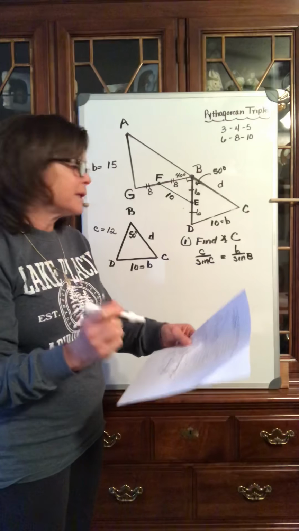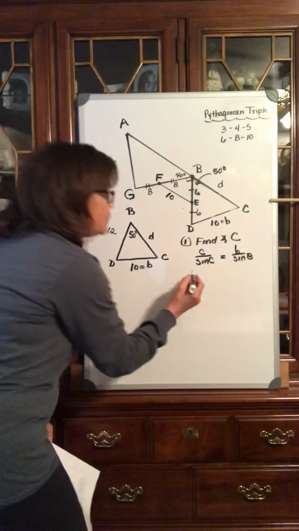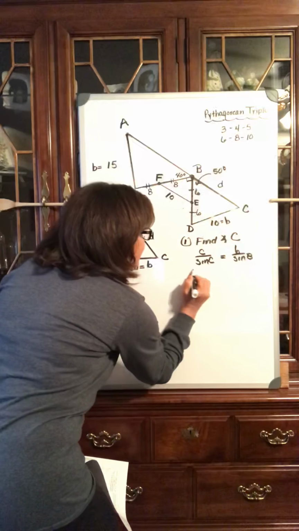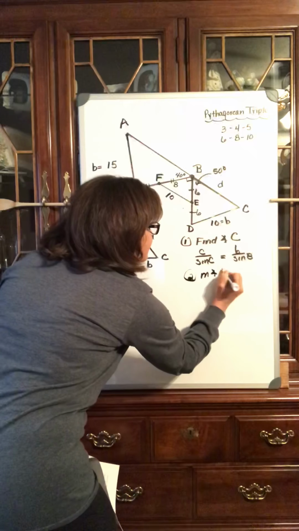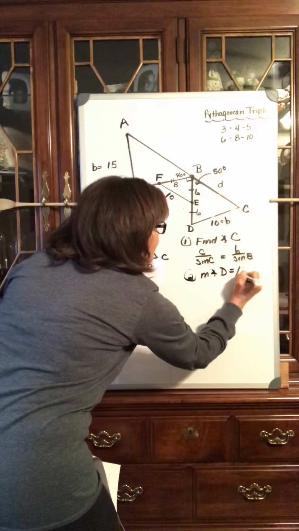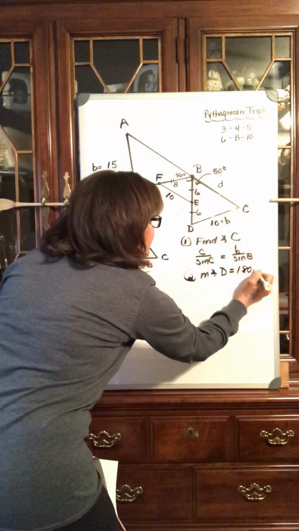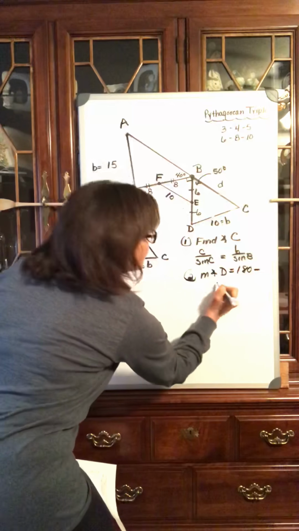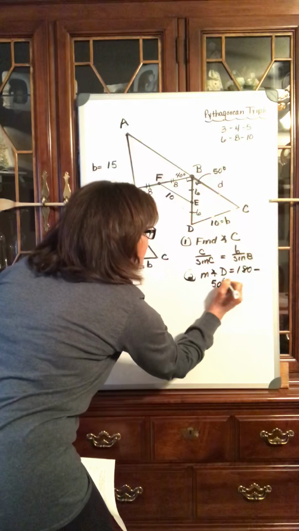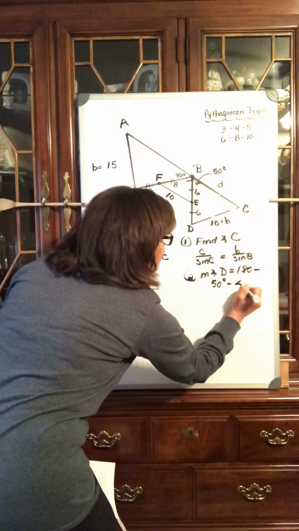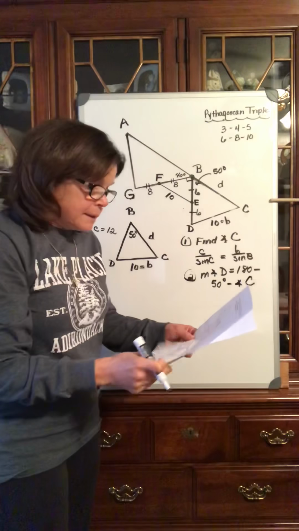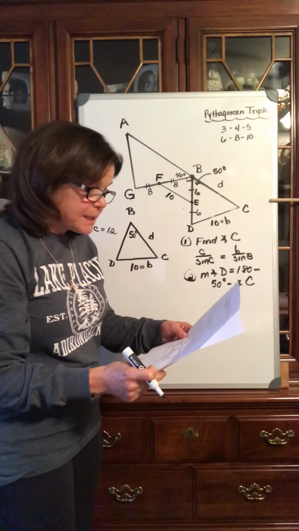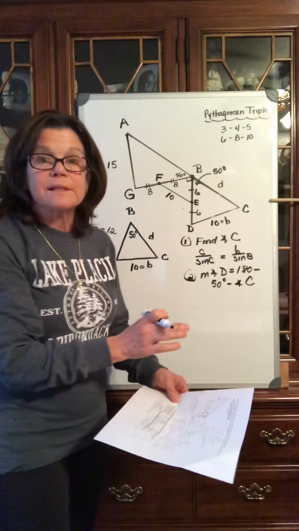Then you have the measure of angle C. After you have the measure of angle C, the measure of angle D is going to be 180 minus the 50 degrees for angle B minus your unrounded answer for angle C. Measure of angle D turns out to be about 63 degrees.